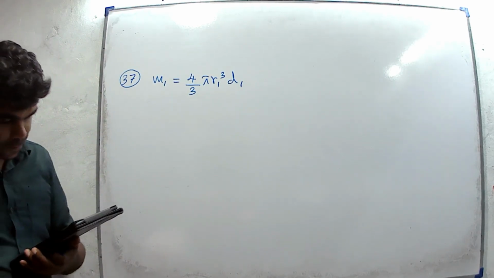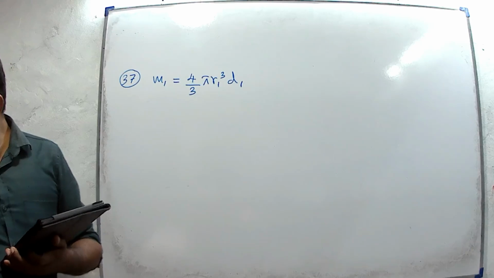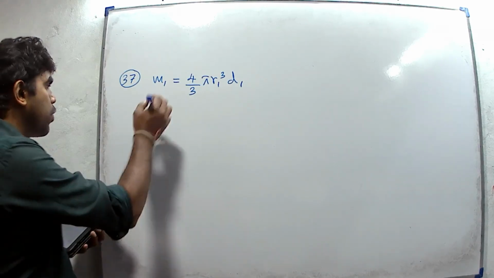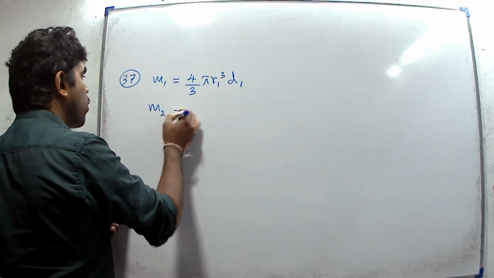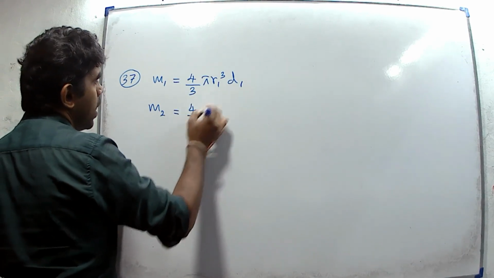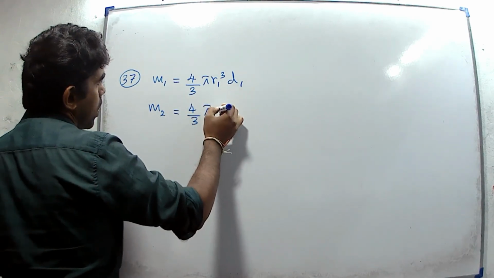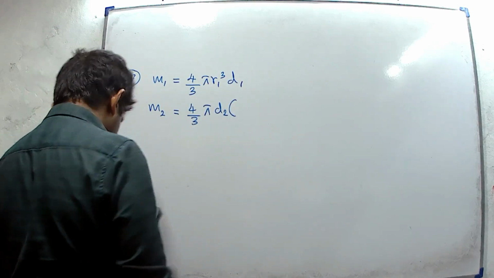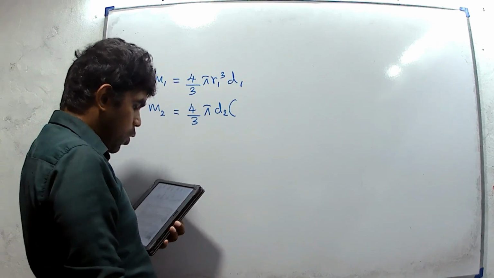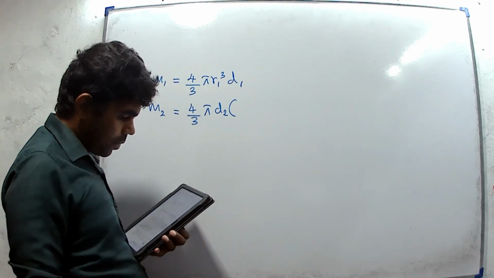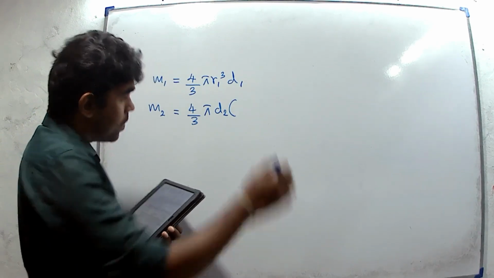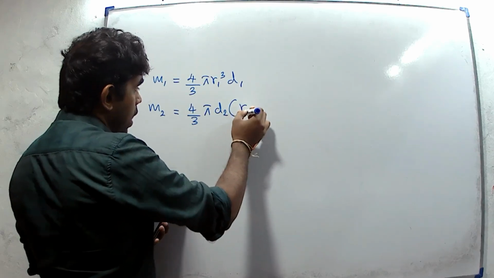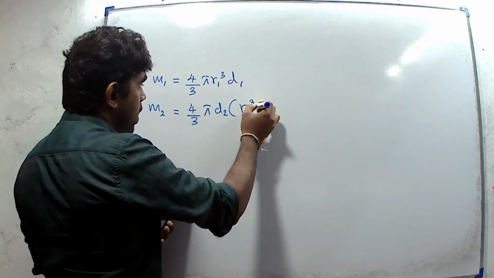For the outer object, we can use the same equation. Mass of the outer object should be equal to 4/3 pi d2 into the volume of the outer hollow sphere, R2 cube minus R1 cube.